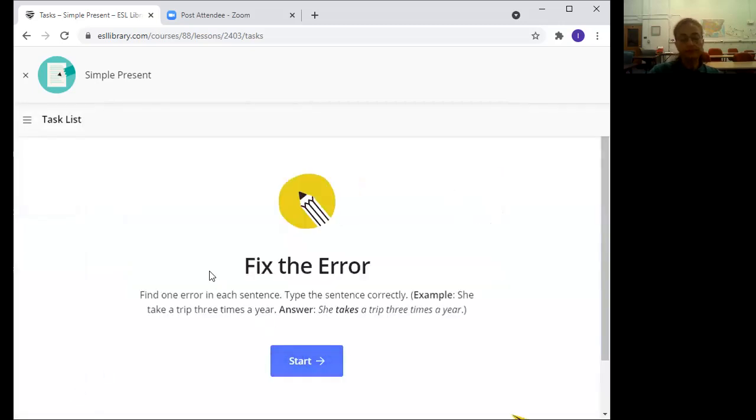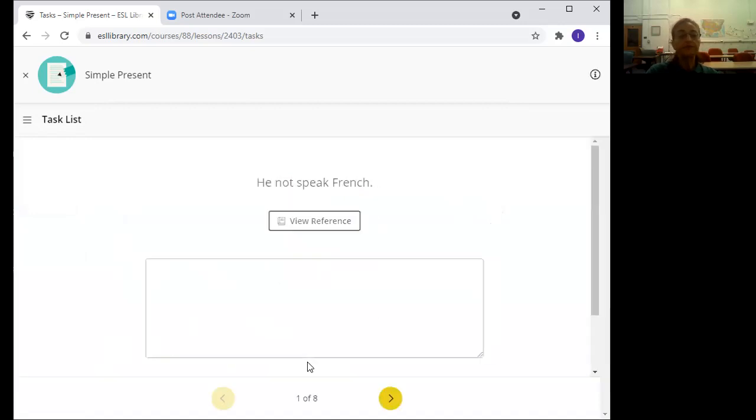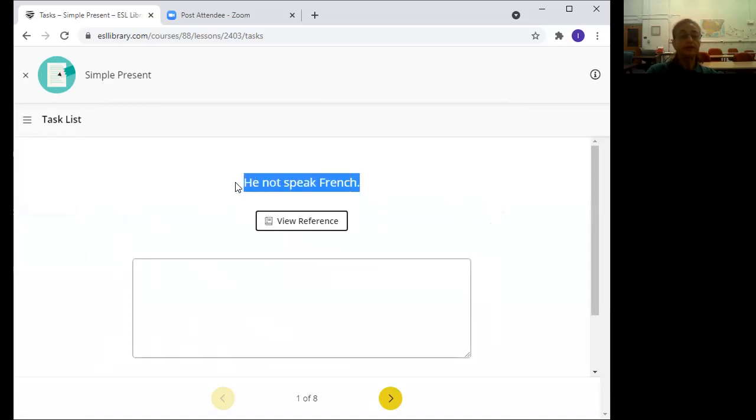Okay. So now let's see if we can fix some errors here. Well, this is obviously not a correct sentence because in English, if we have anything other than the verb to be, we need to use a helping verb, do or does.